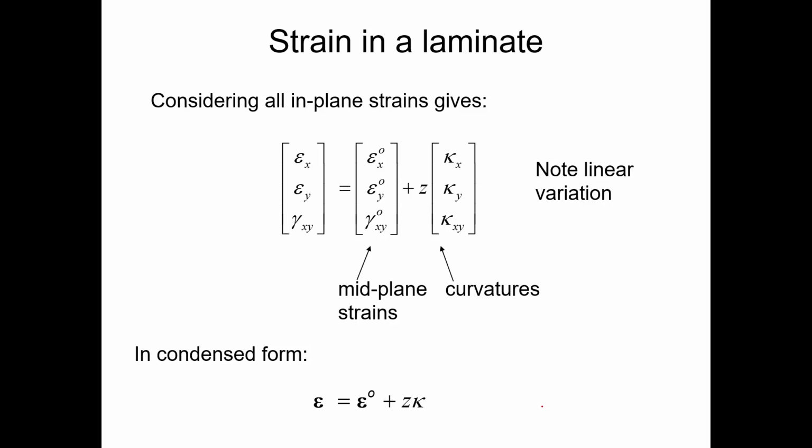Now we can write them including both epsilon x, epsilon y, and gamma xy. And you can see that this is the middle plane strains plus the curvatures, right? And with that, that's basically our starting point we need to always remember.